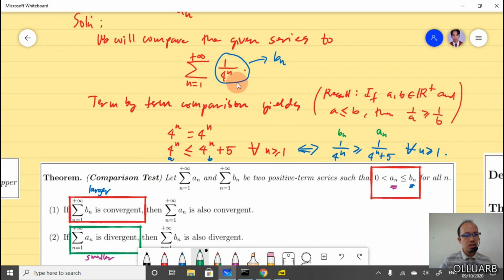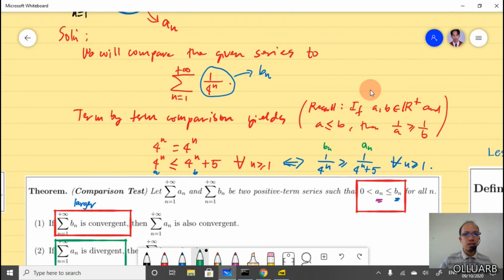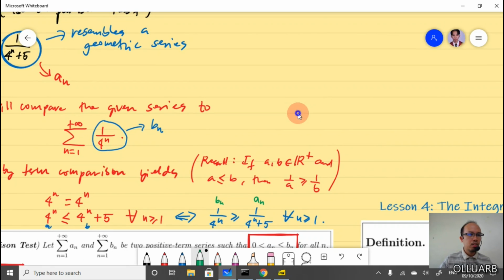Can you use another, let's say 1 over 2 to the n? Yes, of course, as long as you can compare the terms of the series and show that it is less than or equal to this one.